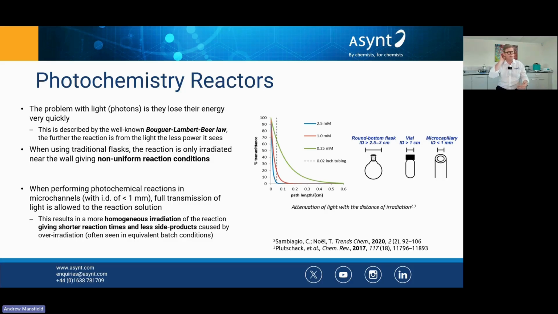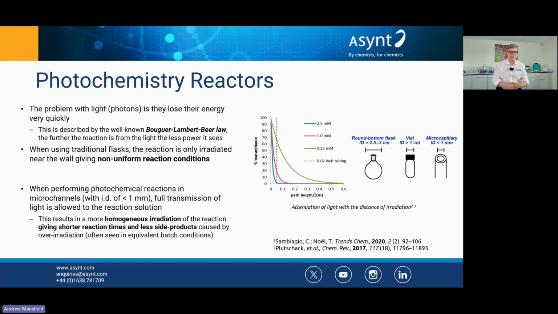So we really need to design our photochemical reactors where we can get light into our reaction as efficiently as possible. Now, when we think about using traditional round bottom flasks, that means we're only really illuminating from the outside edge, unless we can put our light source directly inside, which is what we explore with the Asynt batch reactors. But as those reactor volumes get smaller, for example with flow reactors, where we have, for example, a 1 millimeter capillary, that light penetration is a lot more efficient.